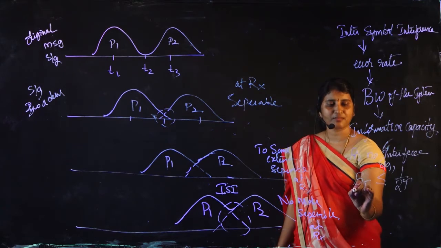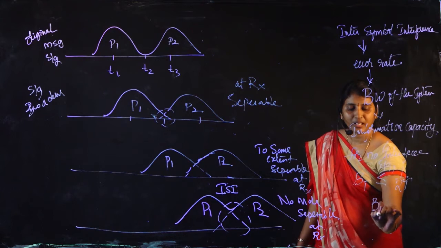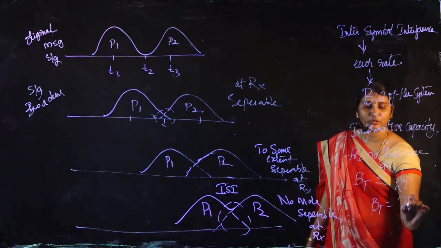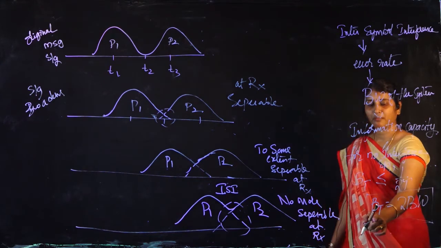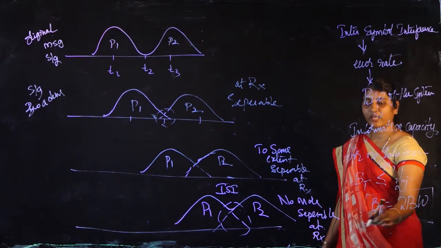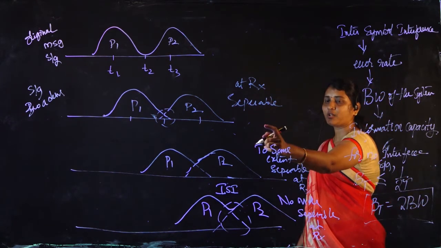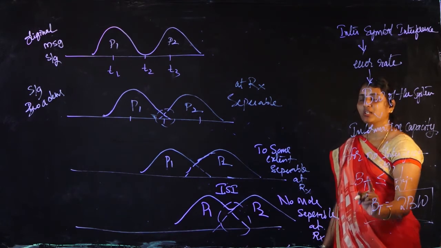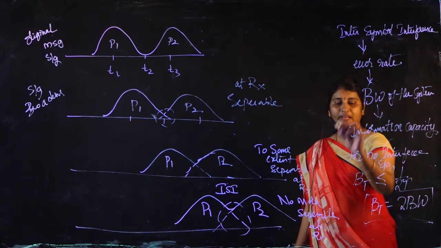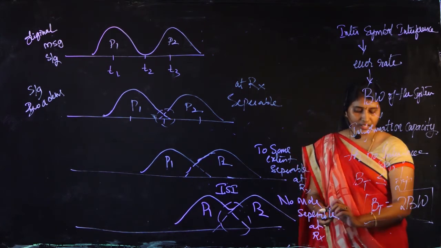If we express this Bt, that is your bit rate, in terms of bandwidth, Bt is equal to 2 into its bandwidth. So from this relation between the bit rate and the bandwidth, you can directly observe the effect of dispersion on the bandwidth of the signal and its information carrying capacity.